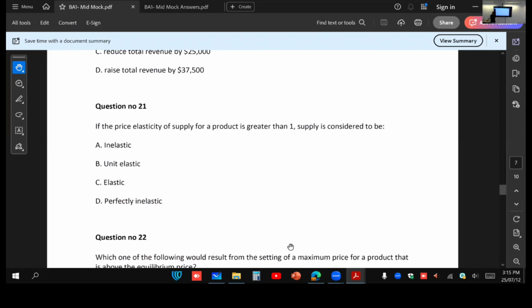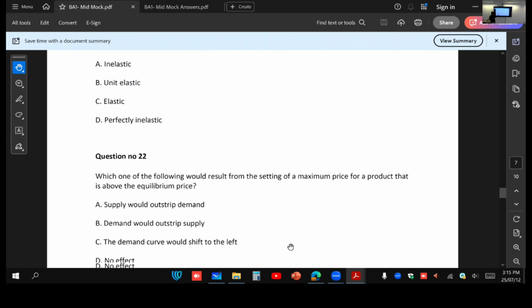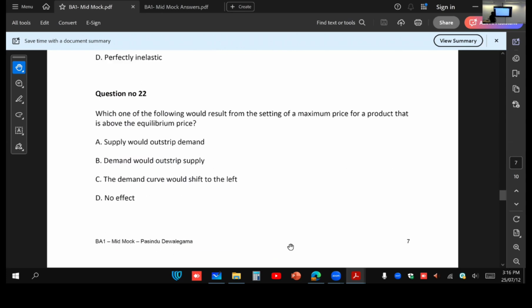Greater than 1 means, imagine it's 2. So it's 2 divided by 1. So when the percentage price changes by a smaller amount, quantity supplied changes double, which is elastic. Clear?